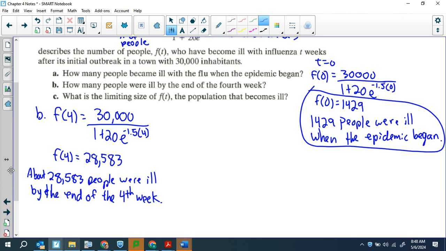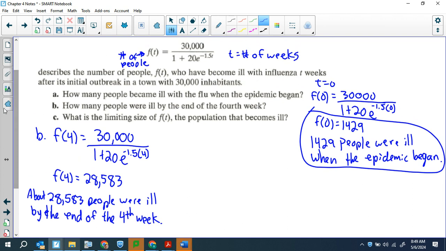And then part C, the last thing it says, what is the limiting size? So that capacity. Again, where do we find that capacity or that limiting size? What part of our fraction? The c, which is up here, right? So 30,000. And they told us here 30,000 is the amount of people in the city. They're not always going to do that, but in this case, the town only has 30,000 people. We can't have more than 30,000 people get the flu.